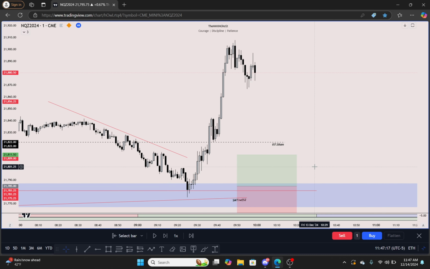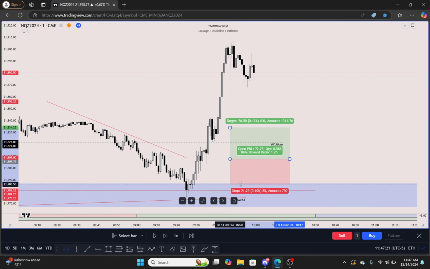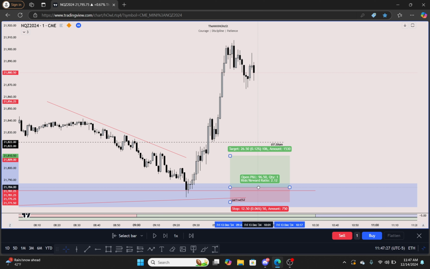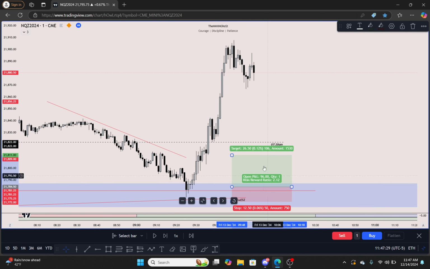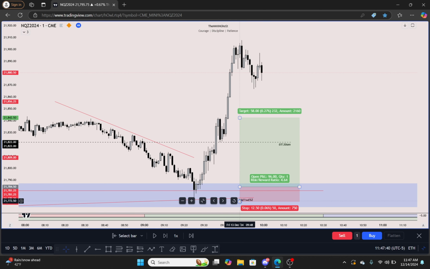My entry was here. I risked 50 ticks, entering right around there, exited here. It's 4R. It was really 5R because my stops were at that low.